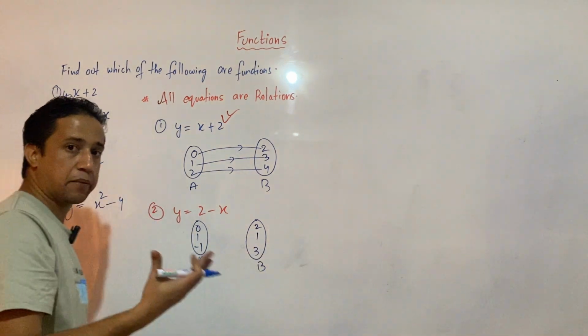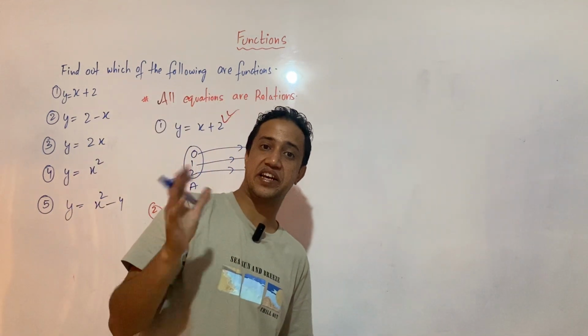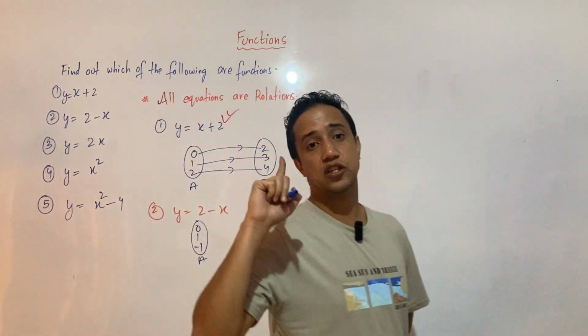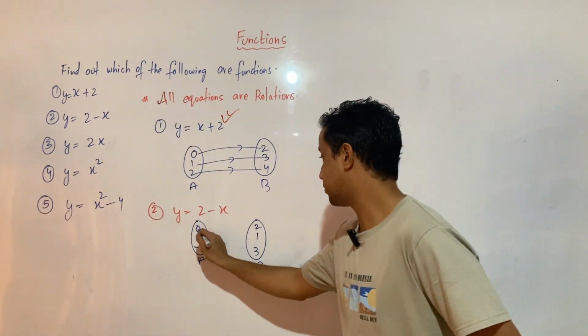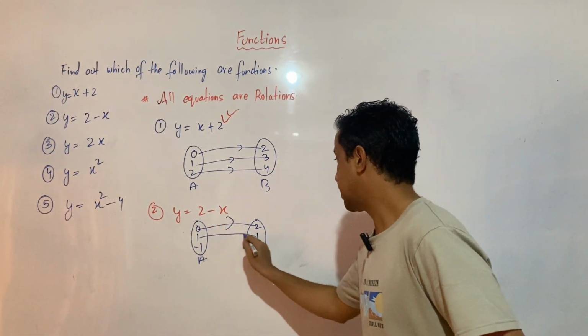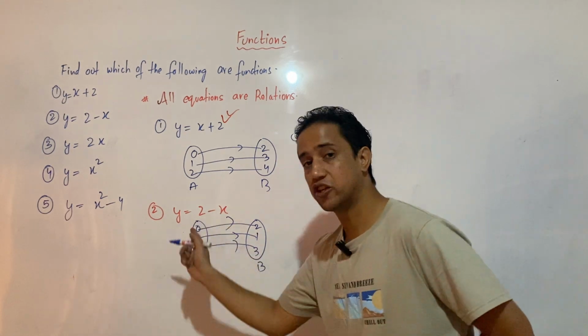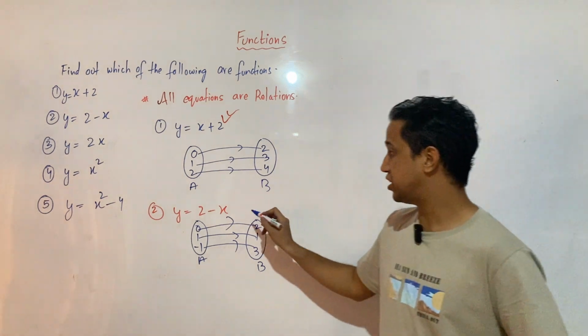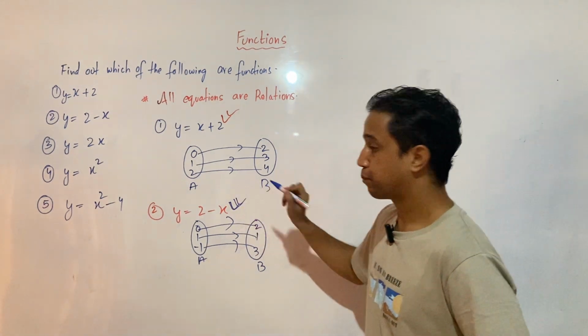So x can take positive values, it can take 0, it can take negative values, and for each value you will get one output. So all the elements are related and the images are unique, which means that this is a function.